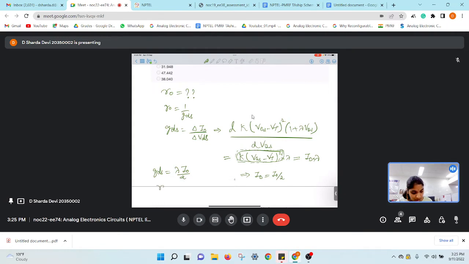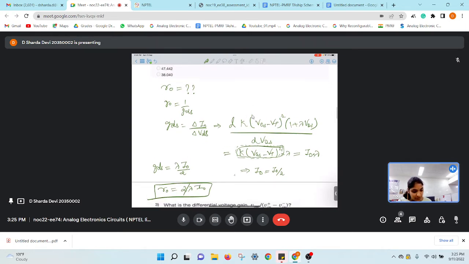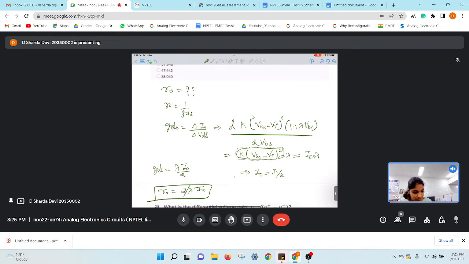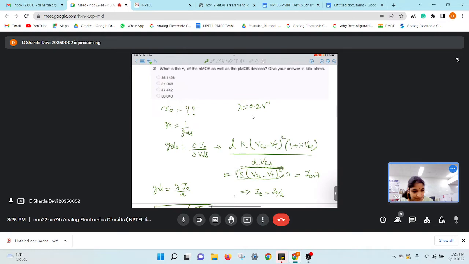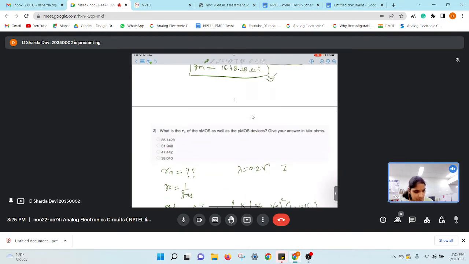So R naught will be 2 by lambda I naught, right? We know the value of lambda and we know I naught, so we'll simply substitute and get R naught. Lambda is 0.2 per volt, and ID is how much was it?